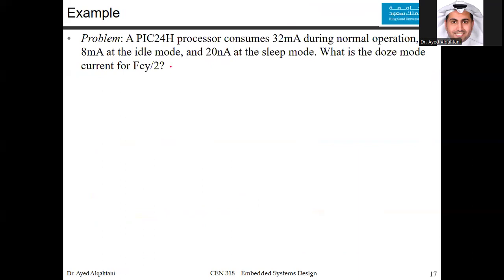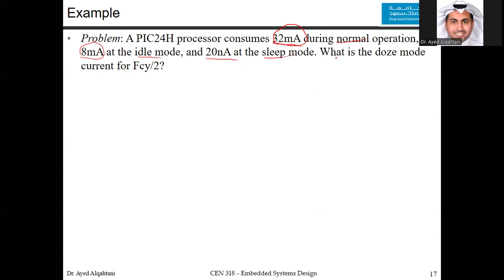In this example, we have a PIC24 processor that consumes 32 milliamperes during normal operation, that's the amount of current in the normal operation, 8 milliamperes in the idle, so there is a gap in the idle mode, and only 20 nanoamperes, very, very small, in the sleep mode.